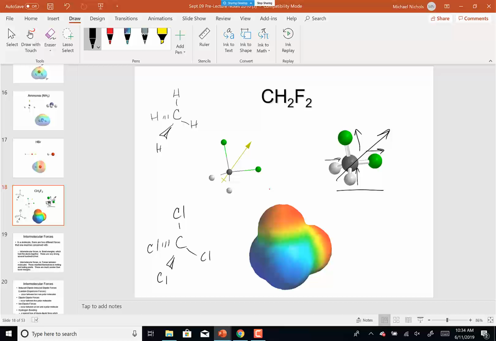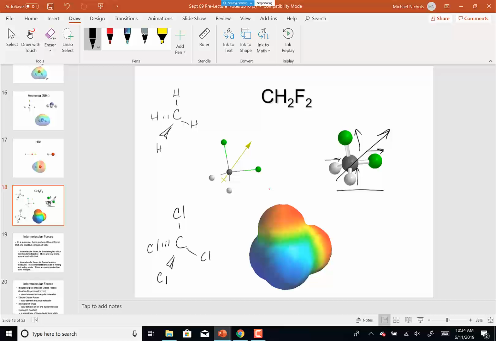So is carbon tetrachloride polar or non-polar by the rules I just gave you? Non-polar? We agree it's non-polar? Because all the atoms are the same, so they should cancel each other out.